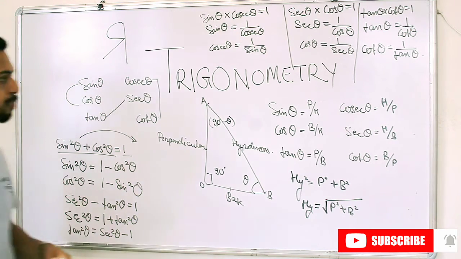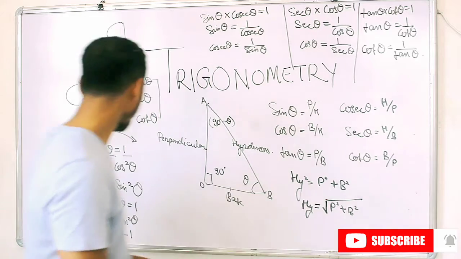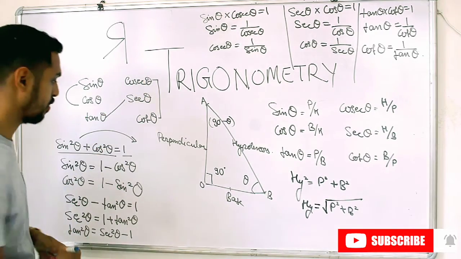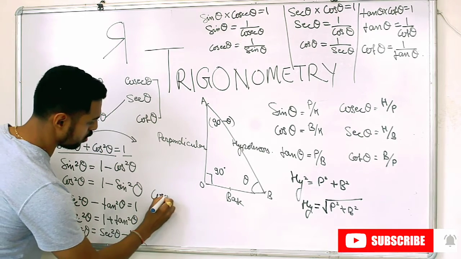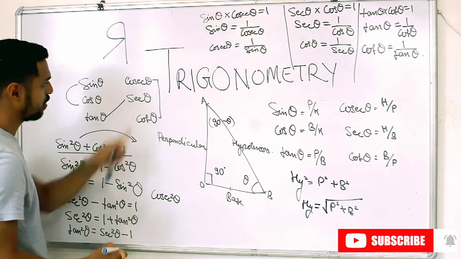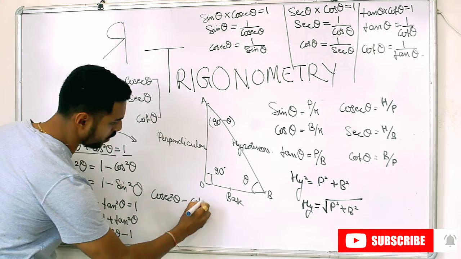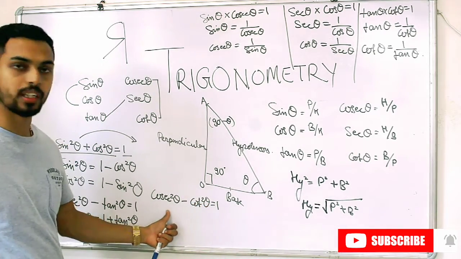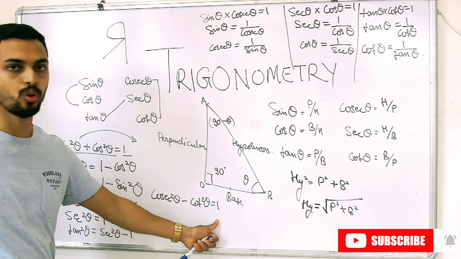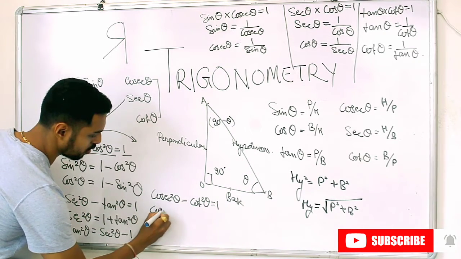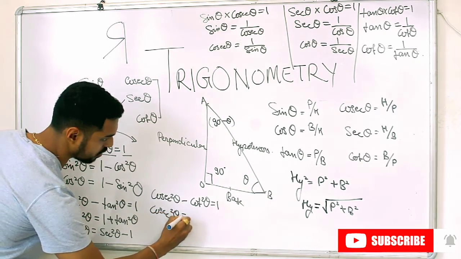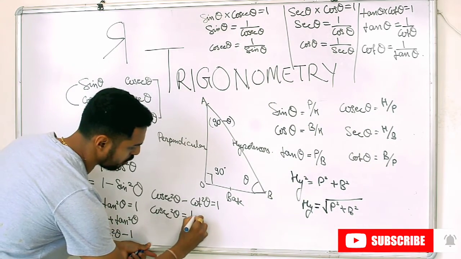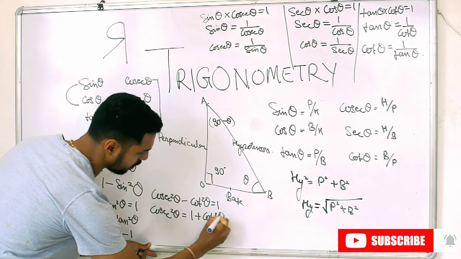Okay. After that, now we will take cosec theta and cot theta. Cosec square theta minus cot square theta is equal to 1. Cosec square theta is equal to 1 plus cot square theta.